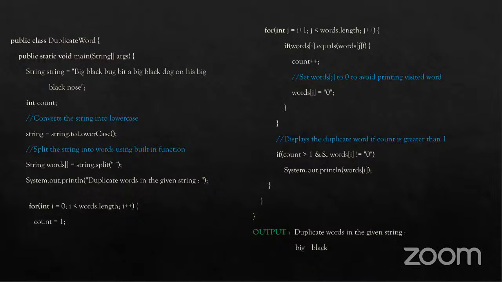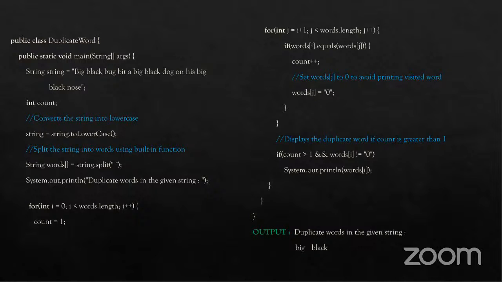So I think you're clear about how to find duplicate characters and duplicate words. You may be asked to print the characters or words that are duplicating, like in these programs, or you may be asked to print the count.